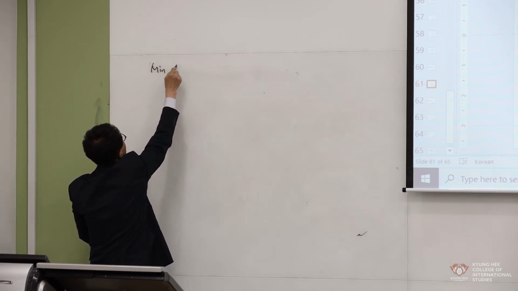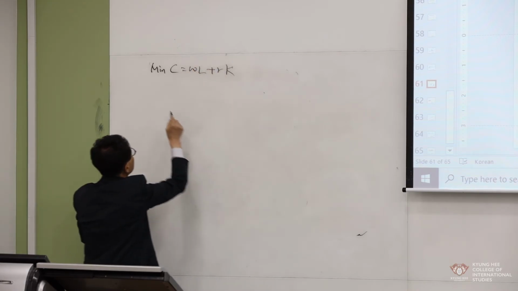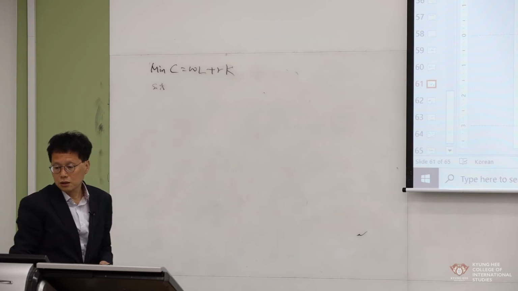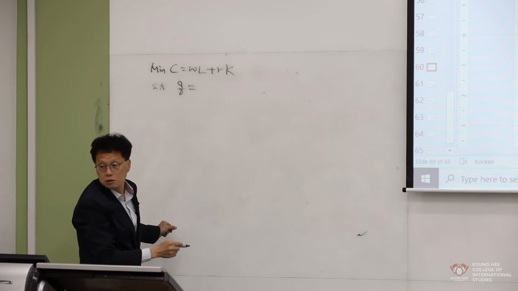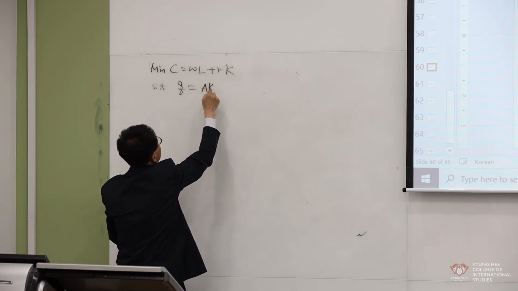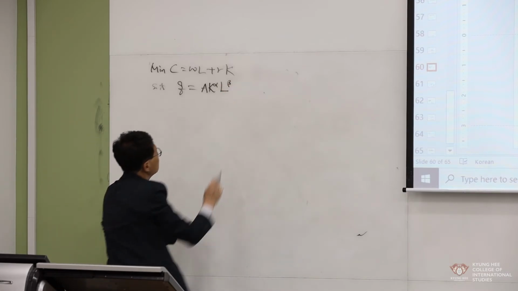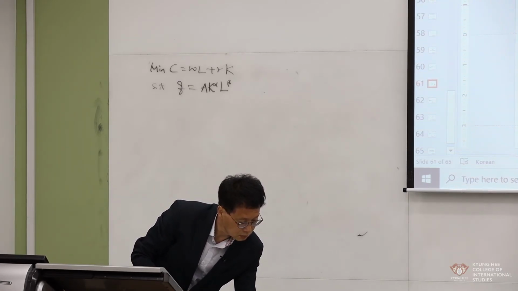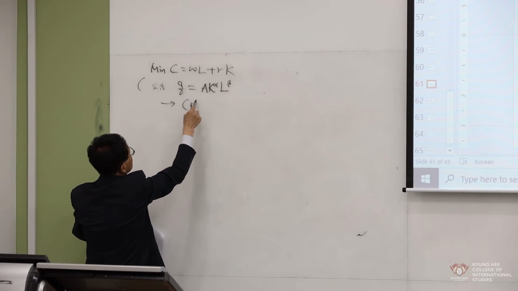Cost function with minimizing cost. The cost function is WL plus RK, subject to the production amount. The production function is Q is equal to A K alpha L beta. That is correct. And find K star, L star.